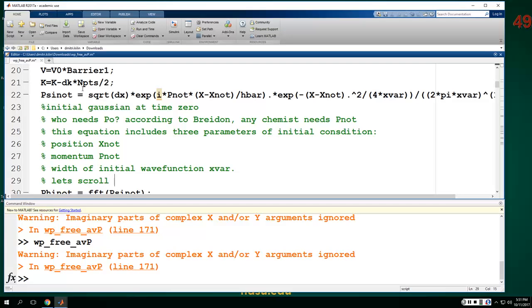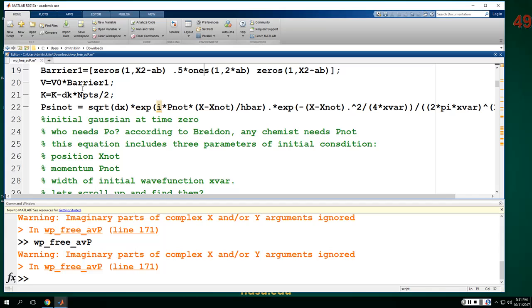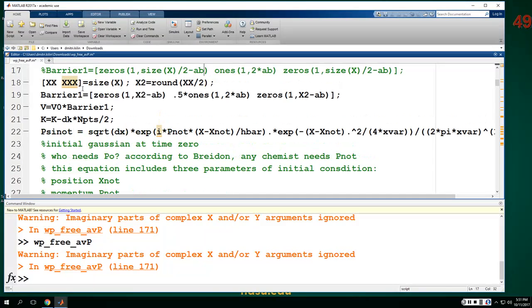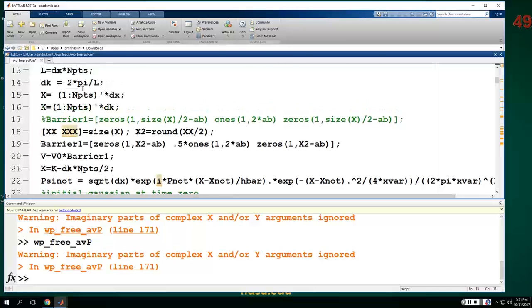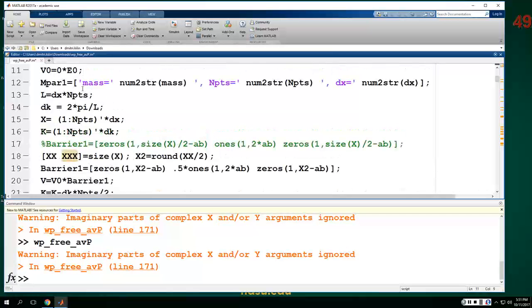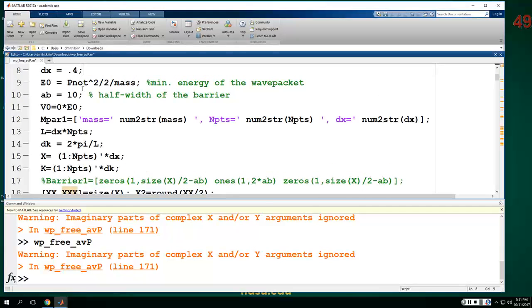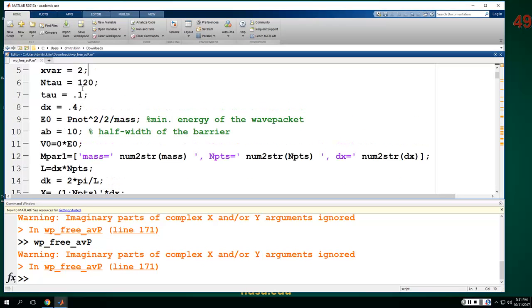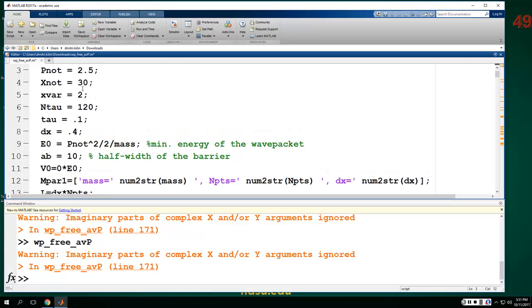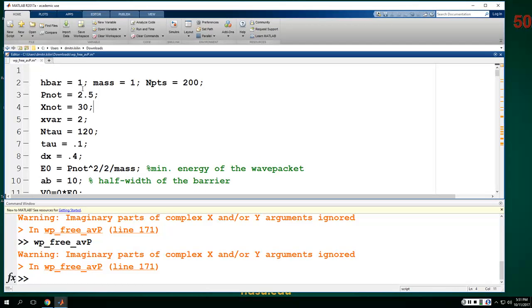Let's scroll up and find them. Scrolling up, we are on line 22, so there is not too much space to scroll up. See, they are almost at the very beginning: P naught, X naught, X var.